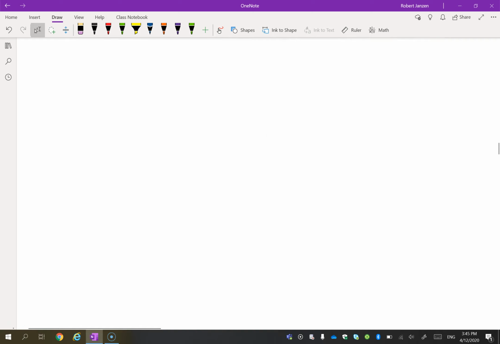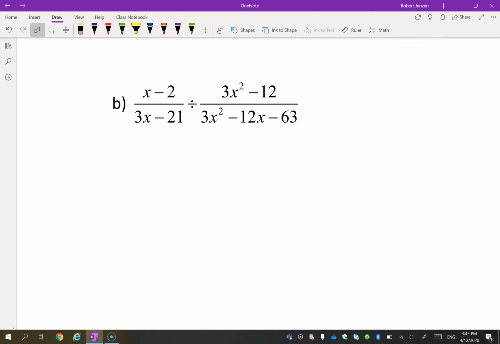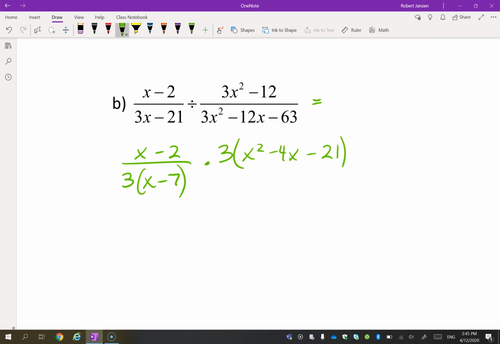Alright, I think this is the last question for today's notes. Let's rewrite this as multiplication. And while I'm doing that, I'm going to factor out a greatest common factor if I see one. Because I can see there's a greatest common factor here. If I take out a 3, I'm left with x squared minus 4x minus 21. I know this was a test question a couple years ago, and lots of people couldn't factor this because they forgot that you can take out a greatest common factor.